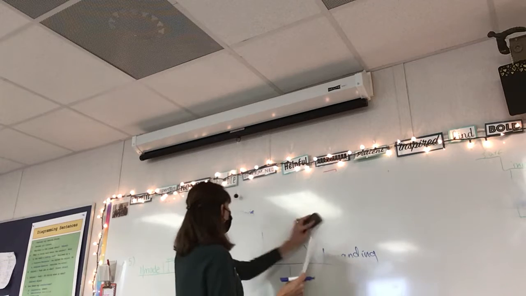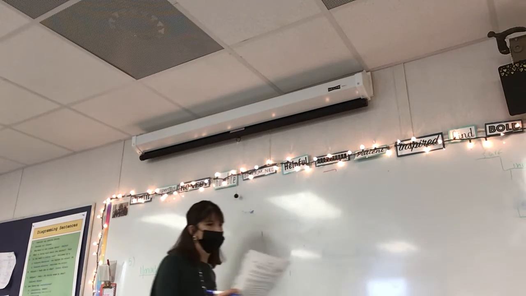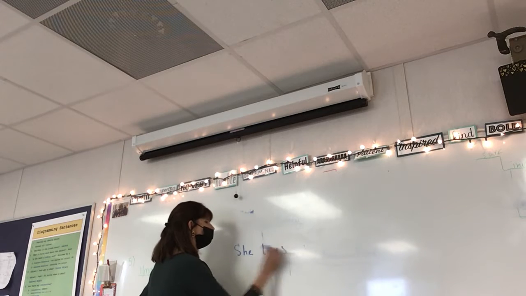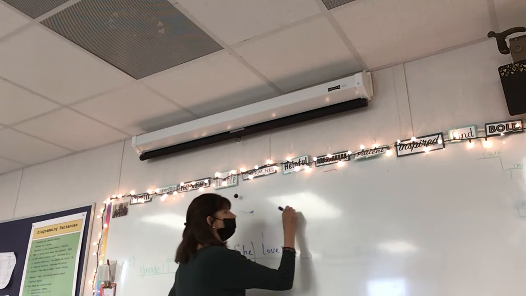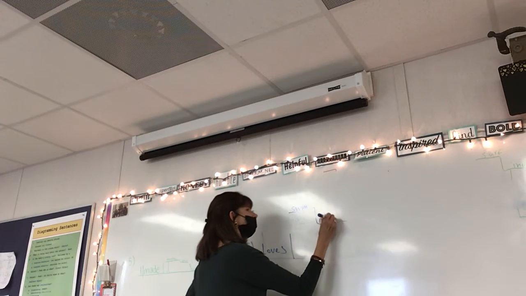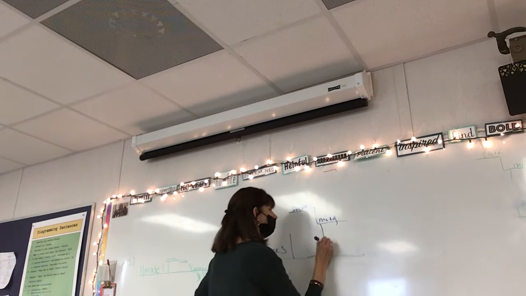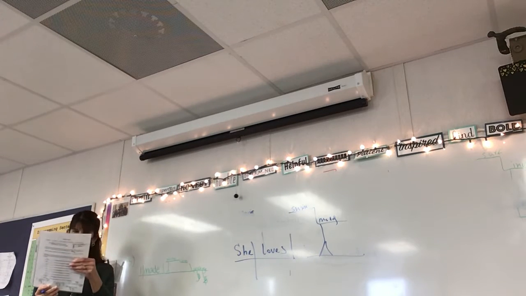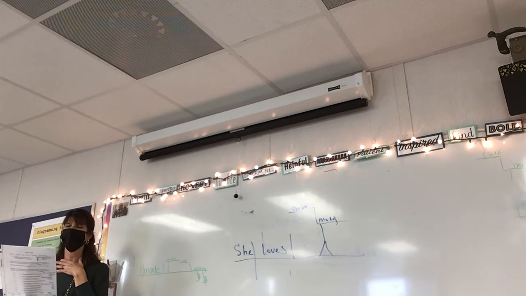Now let's do the other one. So she loves, big picture, we know that swimming is acting as the direct object. So we're going to put that up here, swimming. Okay. Little picture, this is a verb. And so what's going to go with it?